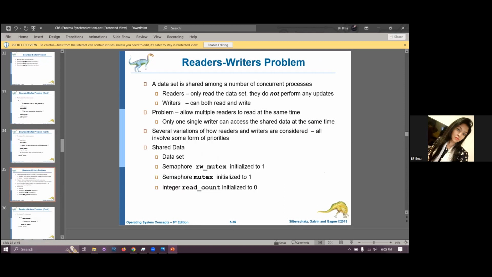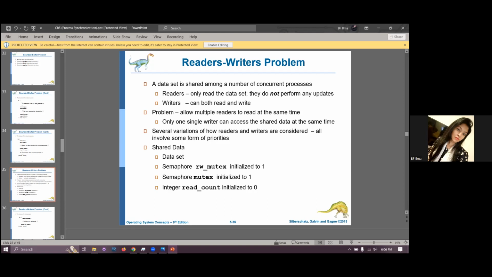The other problem is the readers-writers problem. It's a little bit different because even though we have, as before, two kinds of processes here, readers and writers, we can allow multiple readers to read the critical section because they are not going to perform any modifications.